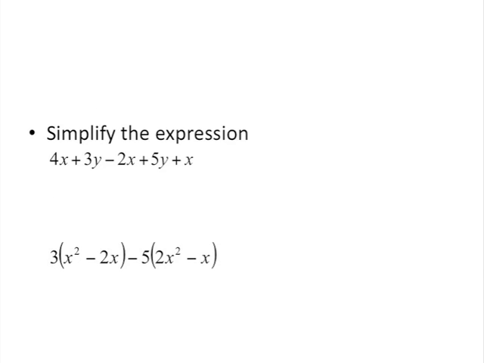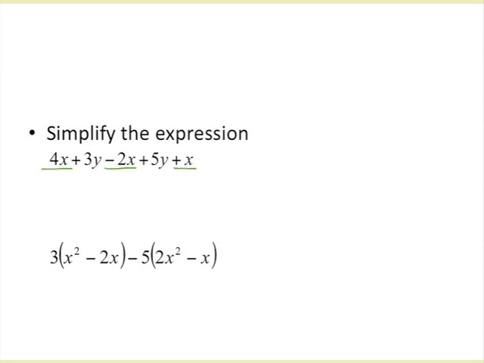Simplifying, we want to combine any like terms that are present in the problem. Remember, like term means two things about it: same letter and same power. So x's and y's are different, x's and x squareds are different. So in this first one, if I look for x's, I've got a 4x, a negative 2x, and a positive x.